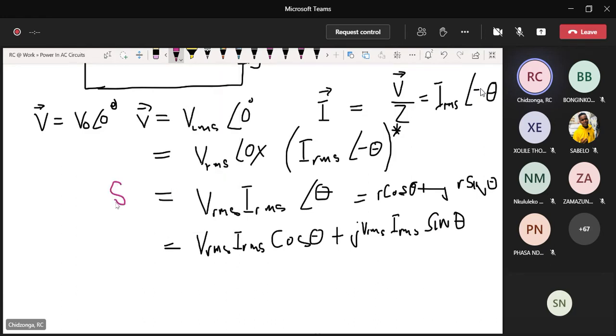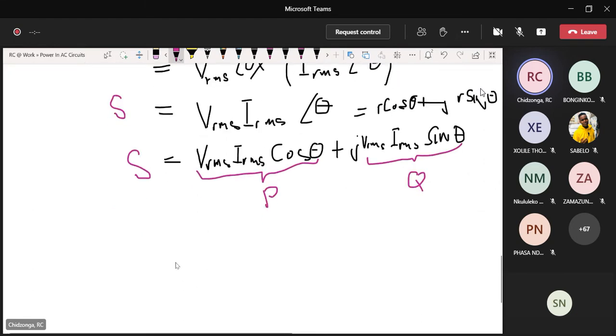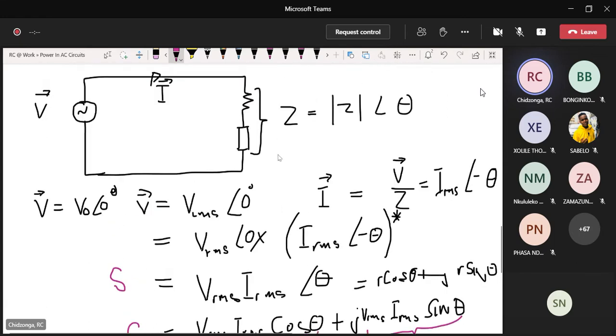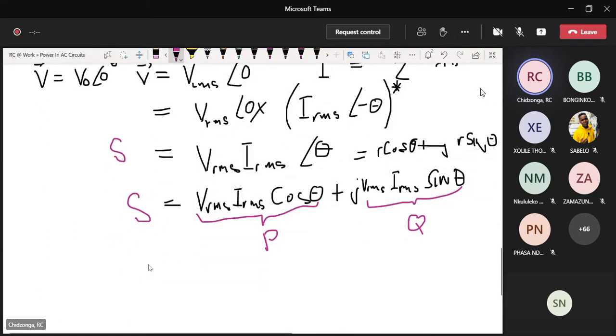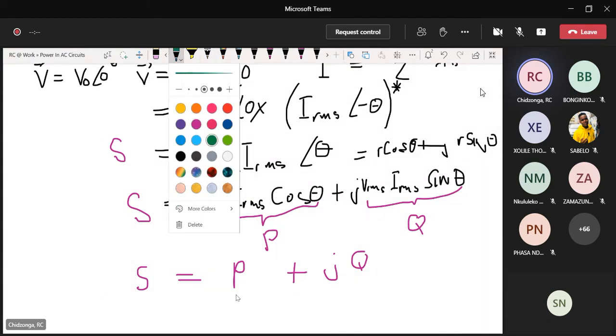And this we are going to call S. So this is the real component, which we represent by P. This here is the imaginary component, which we represent by Q. So the power, when the impedance is no more a pure resistor, has got two components, P and Q. P is the one that we measure in watts.